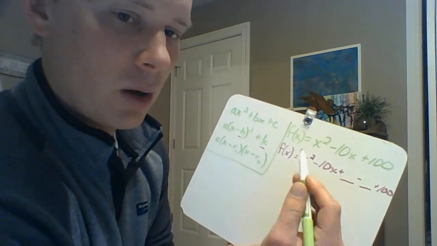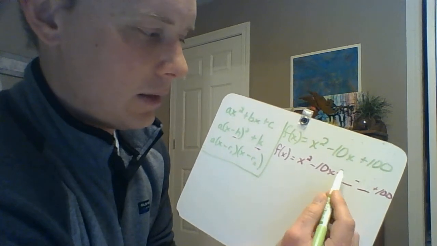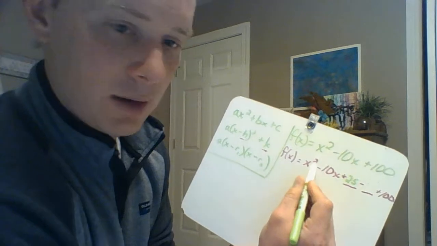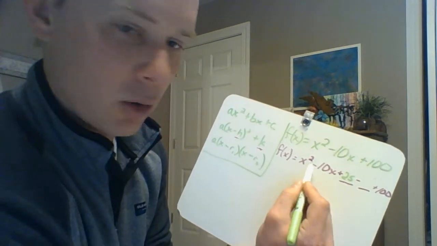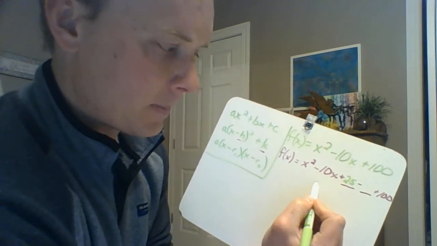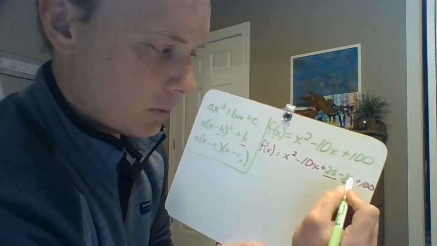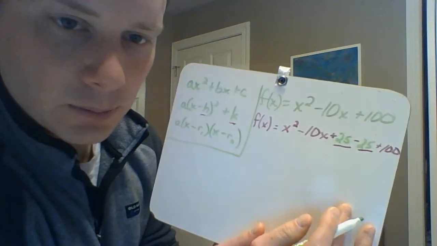Notice, because we're always going to square it, this value here is always going to be positive. It doesn't matter if this was a negative or positive. You take half of that coefficient, which is 5, and you square it and put that number there.